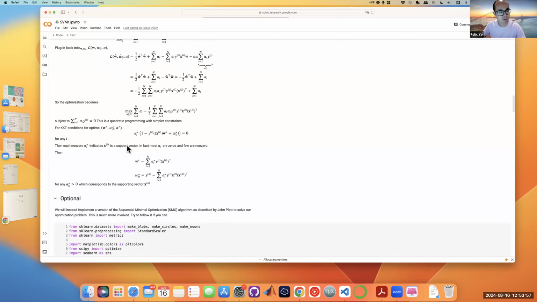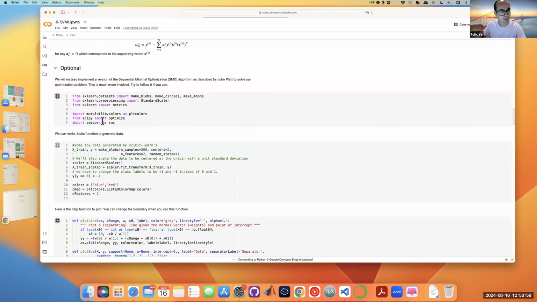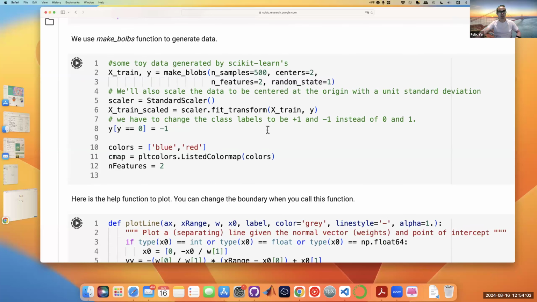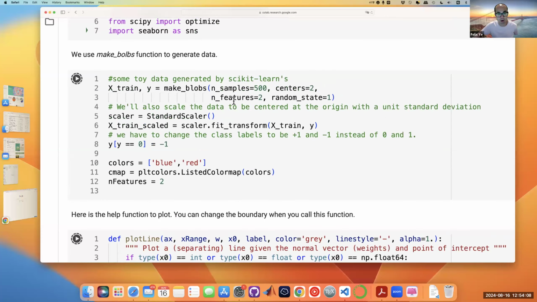Run all. So first thing, we generate some data here. We are using scikit-learn's toy data generator make_blobs. Basically we make two blobs, in total 500 points, with two centers.